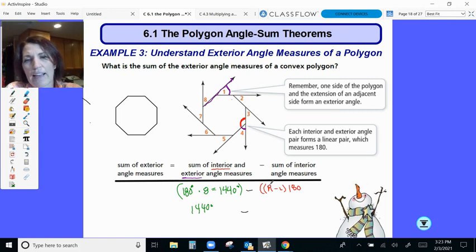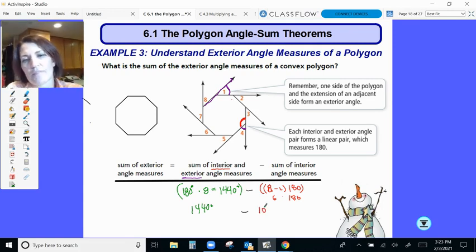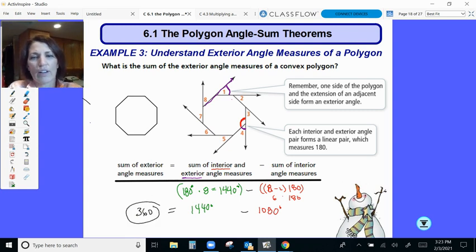In this case, it's going to be 8 minus 2 times 180, so that would be 6 times 180. I believe that's 1080. Yes, it is 1080. You put those all together and it gives you over here 360 degrees. So the sum of my exterior angles is 360 degrees.